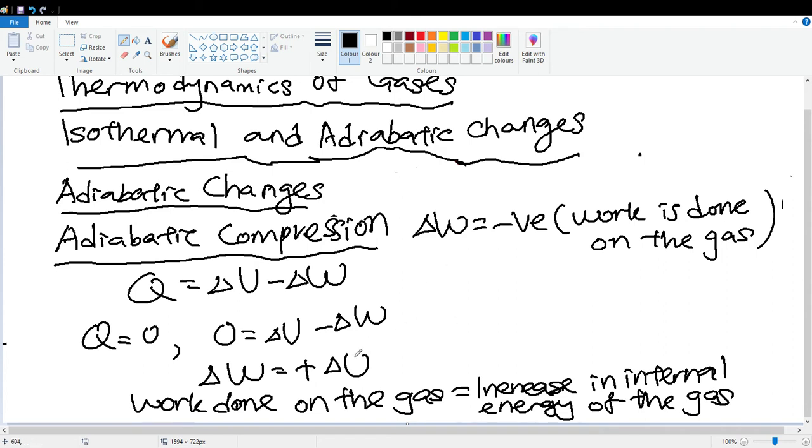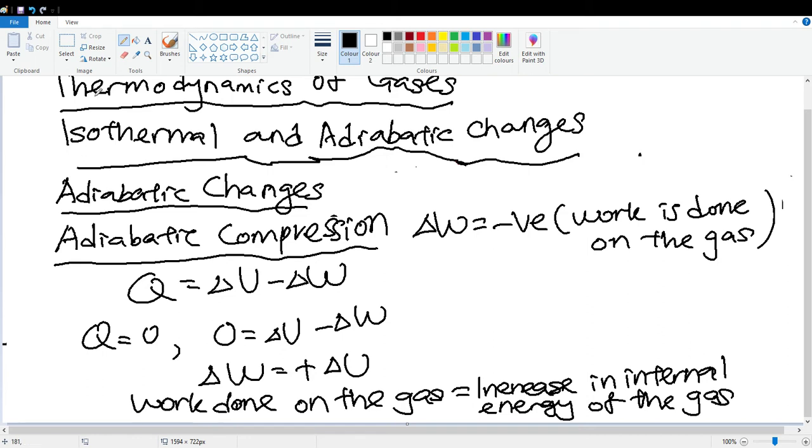So there is an increase in internal energy and in the temperature of the system, and no heat is dissipated from the system to the surroundings. So this is what we call adiabatic compression.